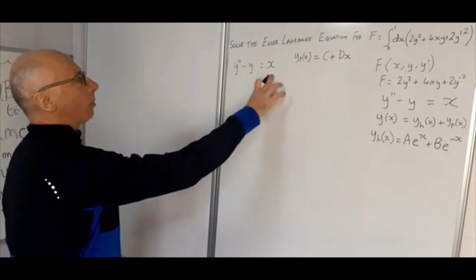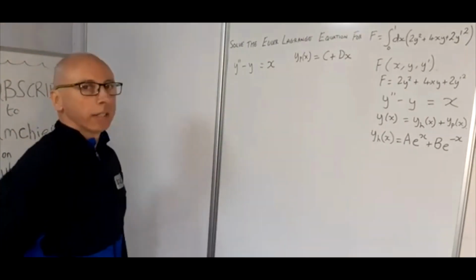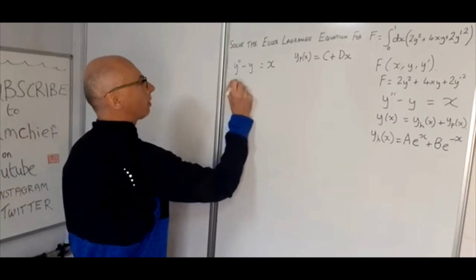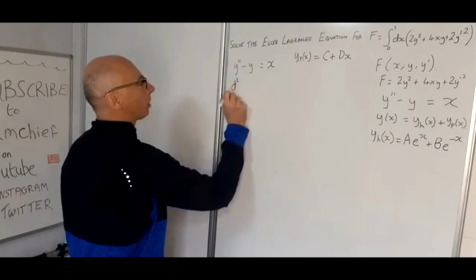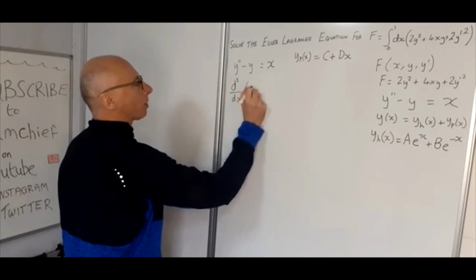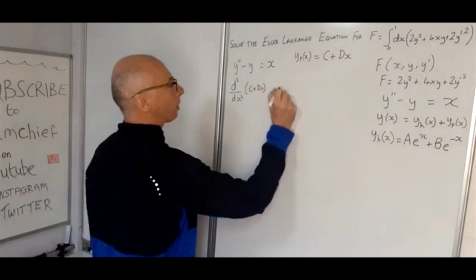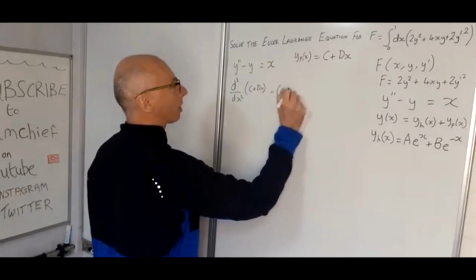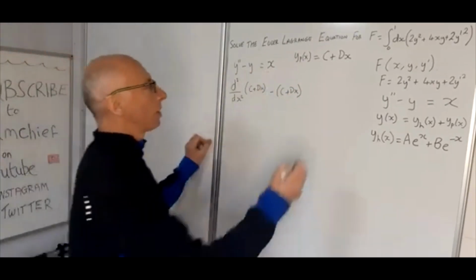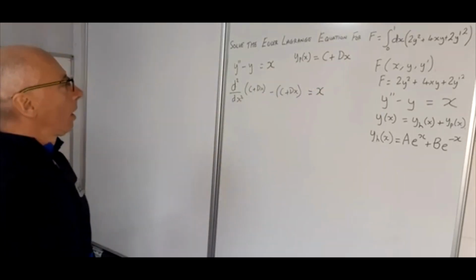Okay, so now y double prime minus y equals x, and this is our building blocks for our y. So now we need the second derivative of this, just as we did with the homogeneous solution. So c plus dx minus our y, which is c plus dx. This time we're going to set it to x, we won't set it to 0. Okay.